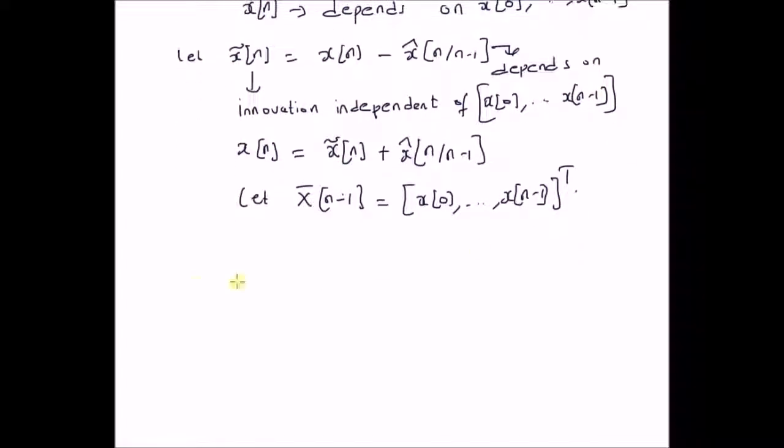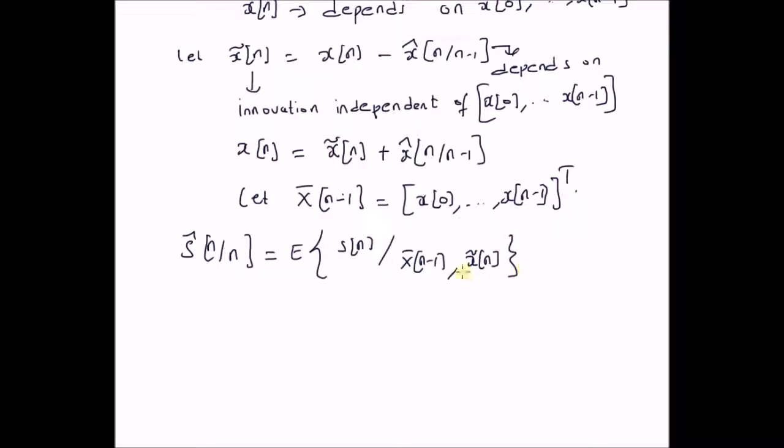Now we can rewrite the conditional expectation, that is s hat of n given n, as expectation of s of n given vector x bar of n minus 1, that is all the previous observations, and the innovation in the most recent observation x tilde of n, because the sum of these two components, a function of the previous observations and the innovation x tilde of n, will give us the latest observation x of n. So the original conditional expectation can be written as this new structure.